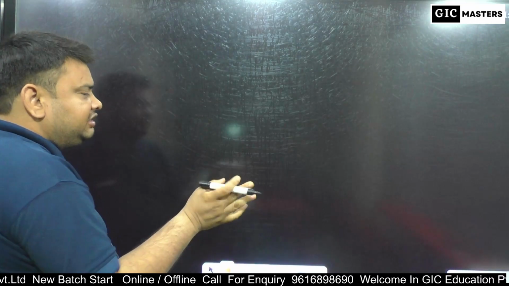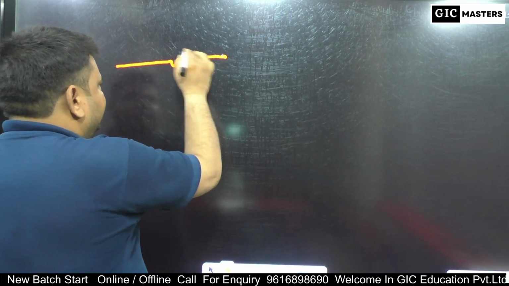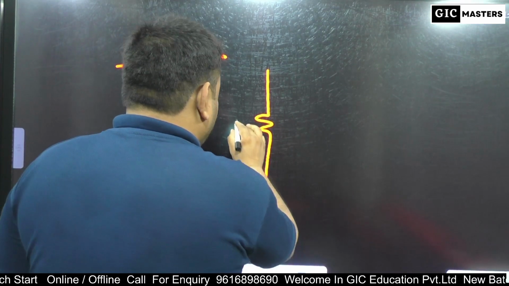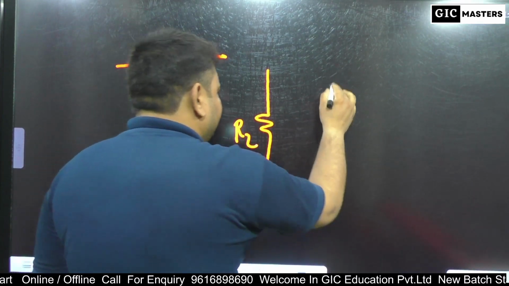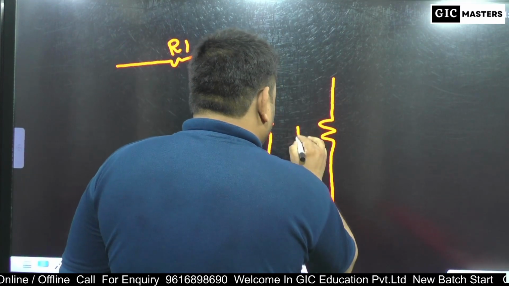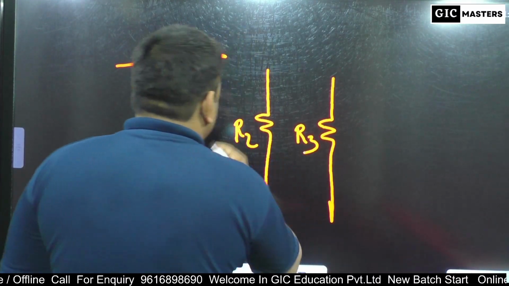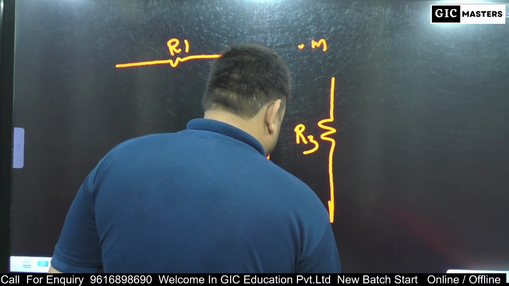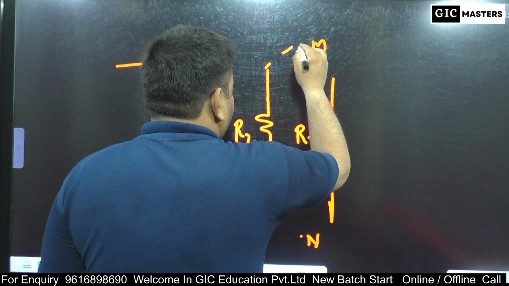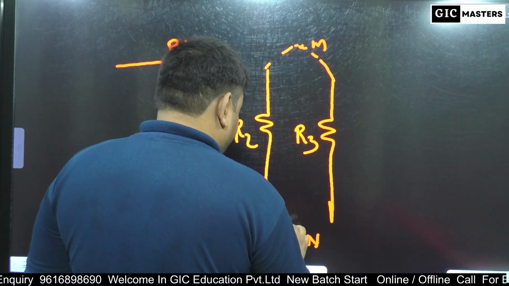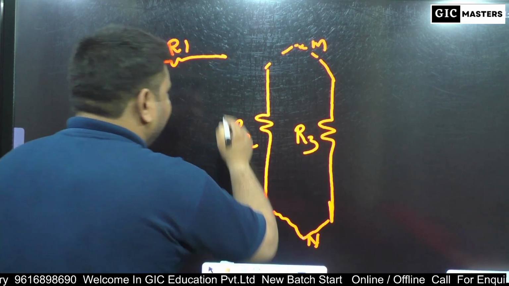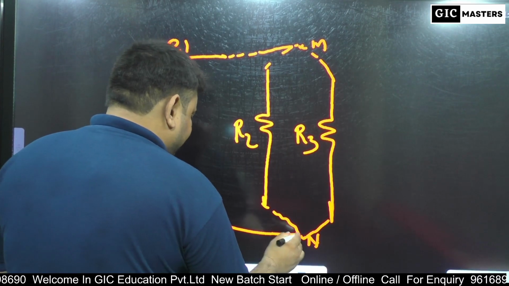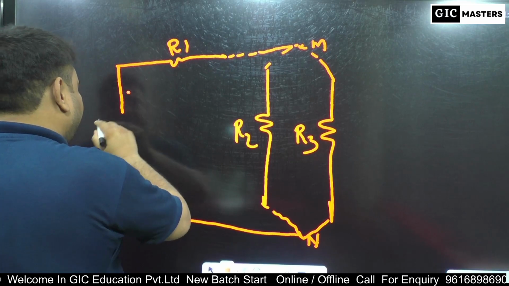Suppose there are three resistors, one is R1 and two resistors R2 and R3 are connected in parallel. Resistors R2 and R3 are connected in parallel, but these two resistors are connected in series with R1.